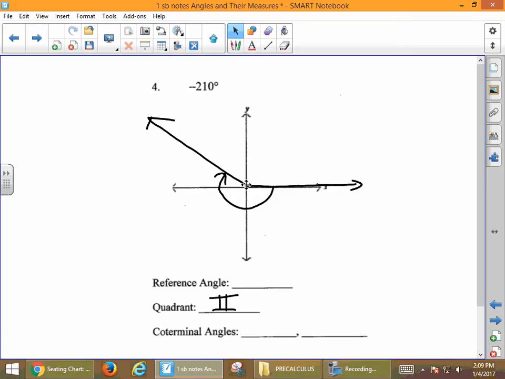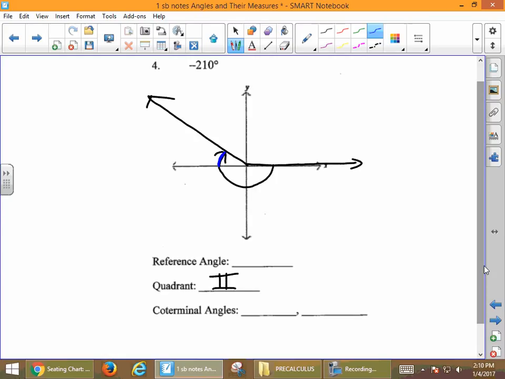And again, if you look back there, the reference angle is a positive acute angle. It connects back to the x-axis. So all that we want to know is that blue part in terms of our reference angle. Originally we had the negative 210 degrees. There's that protractor again. We can take out that protractor.